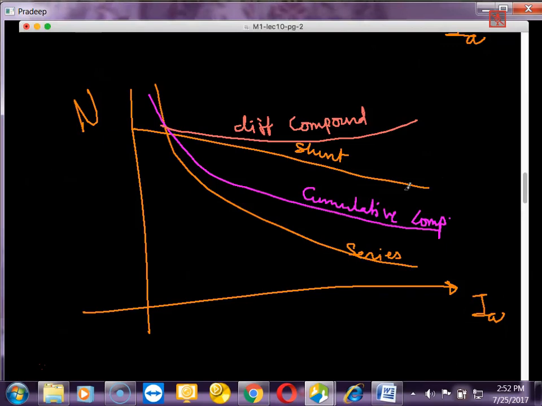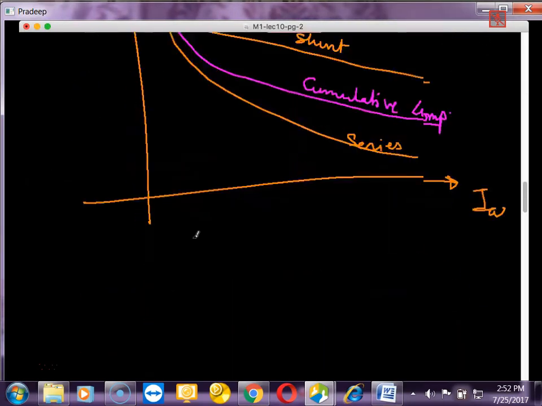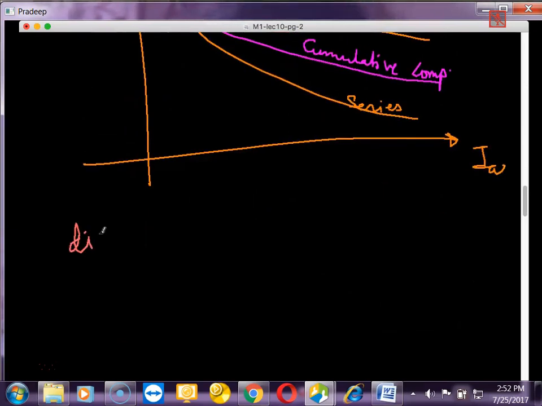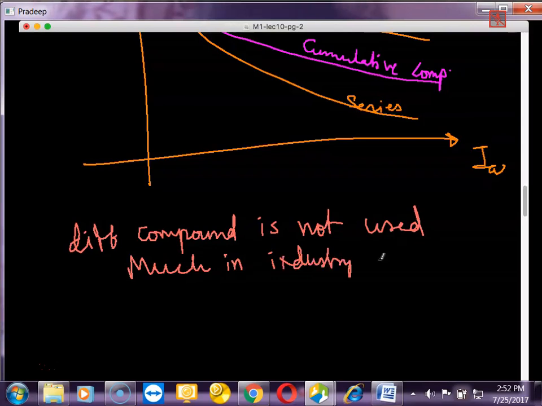Now differential compound is actually not that useful. It is not used much in industry due to poor characteristics.